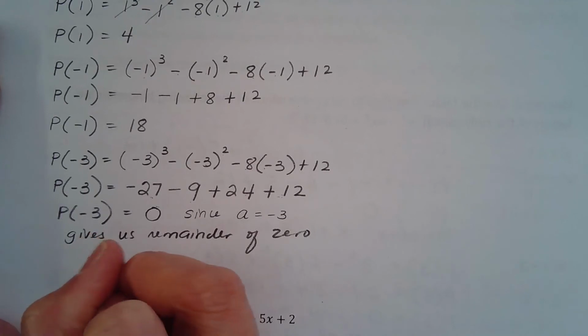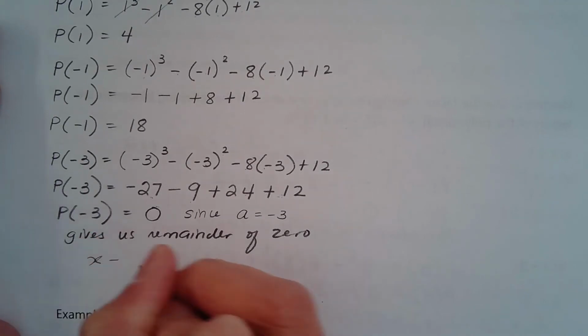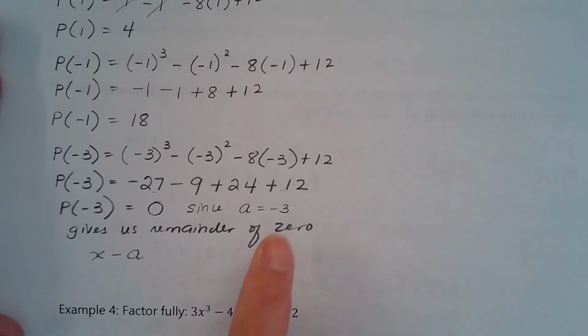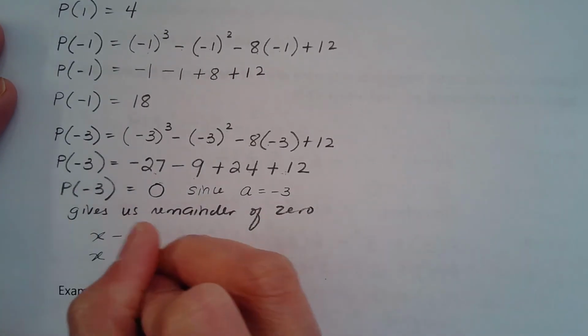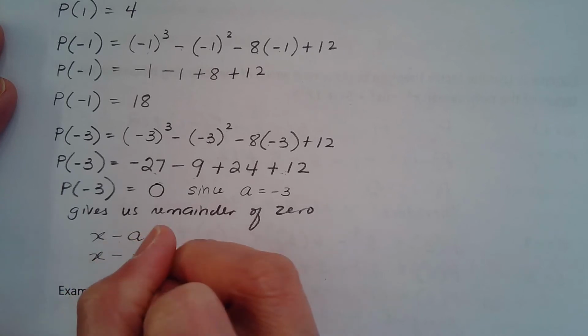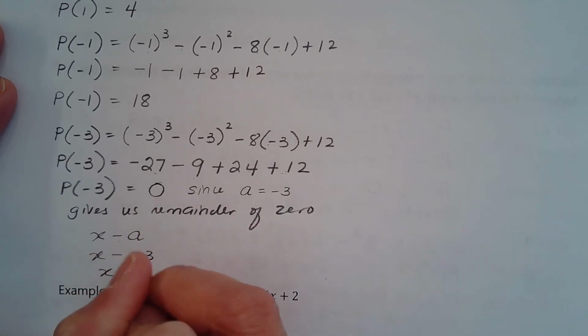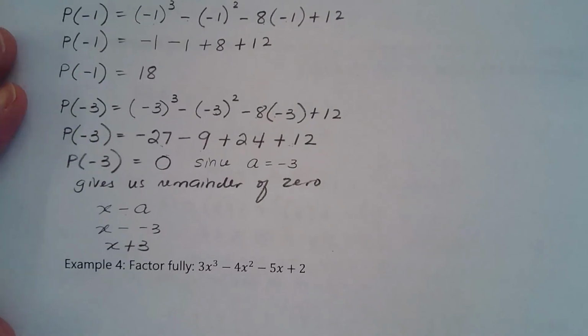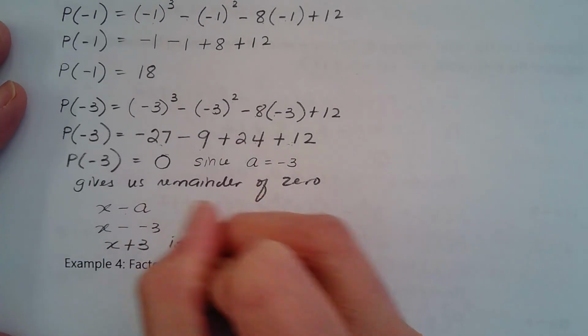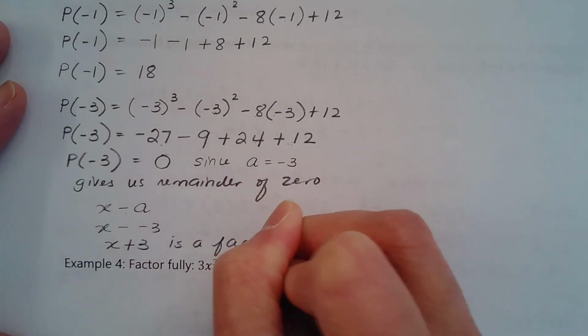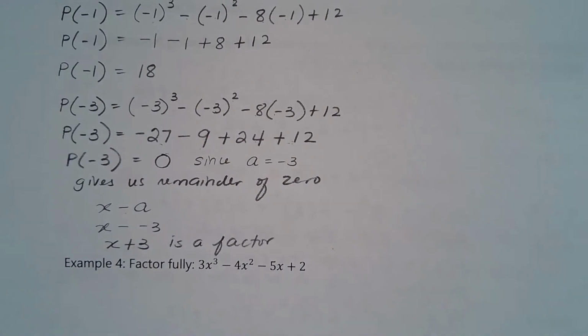It's going to be x minus a. So a is minus 3, so x minus negative 3. That means x plus 3 is a factor. That's one of them.